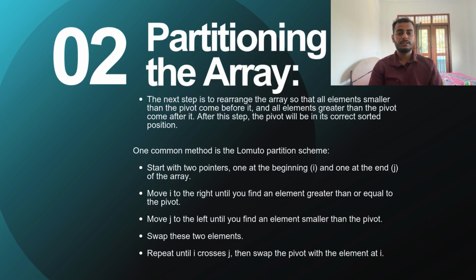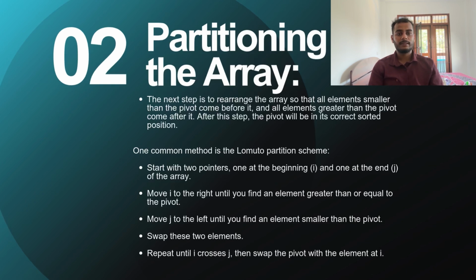This is done using two pointers: a left pointer that moves forward until it finds a value greater than the pivot, and a right pointer that moves backwards until it finds a value smaller than the pivot. The two values are swapped and this continues until the pointers cross.